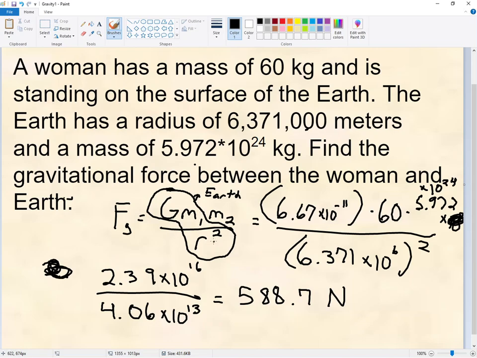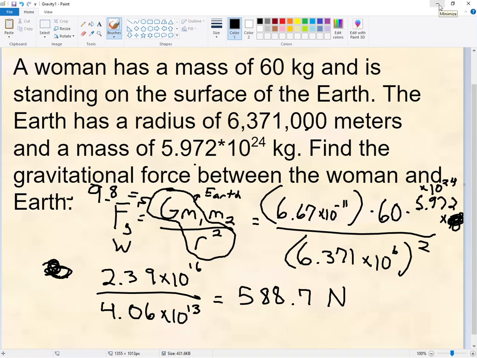I'm not going to do the calculation right now because I want to have more time for practice, but if you put in G times the mass of the Earth divided by the radius of Earth squared, you should get 9.8. Because remember, the force of gravity is the weight, and weight is your mass times g. So all this stuff turns into g for Earth, if you're on Earth.